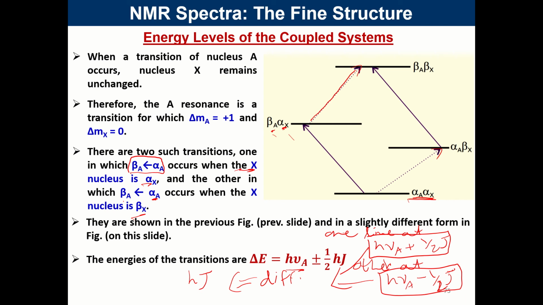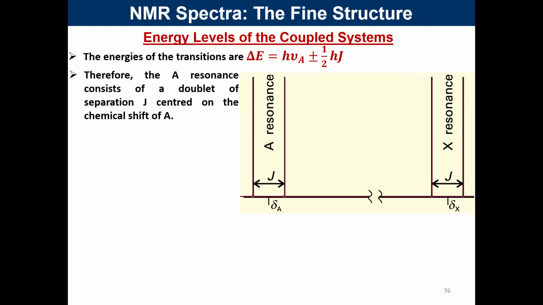Half hJ. So h is a constant, so the separation in the scale can be represented in this way by J. So this is h nu A minus half hJ, and this one is h nu A plus half hJ, and the separation between the two is this.